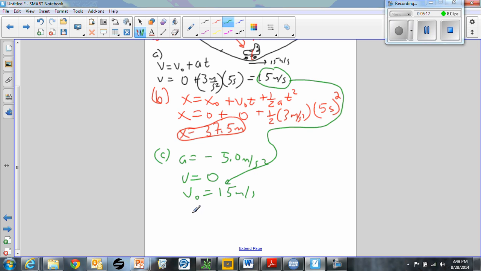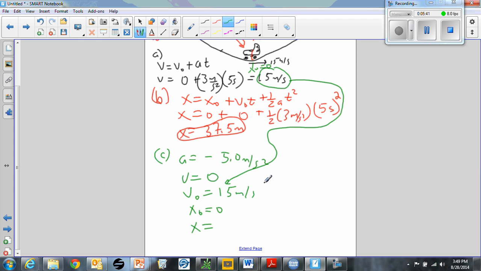And then, what else do I know? I think that's it. I want to find how far. Again, we're going to say x naught equals 0, because that's easy. I get to choose my coordinate system, and since this is part 1 and part 2, for part 2, I'm going to say this is x naught, and it equals 0. So then x is what I'm looking for.